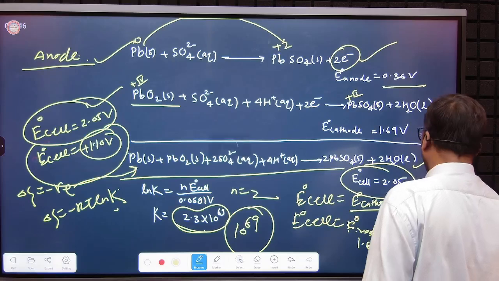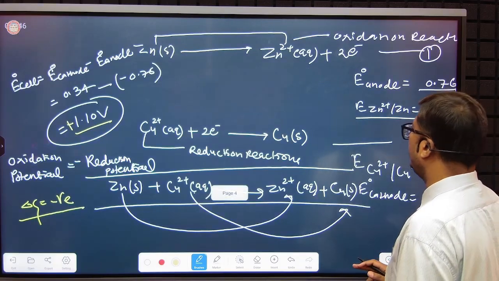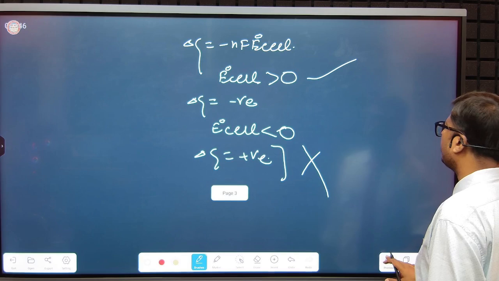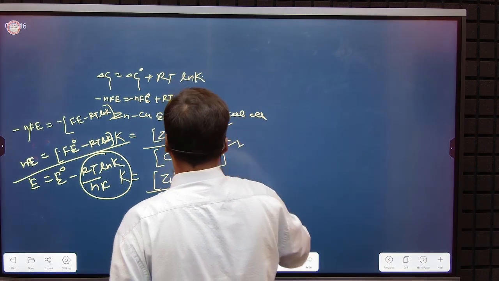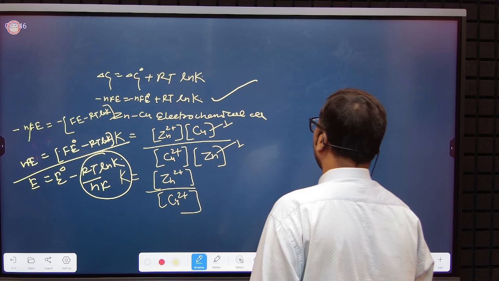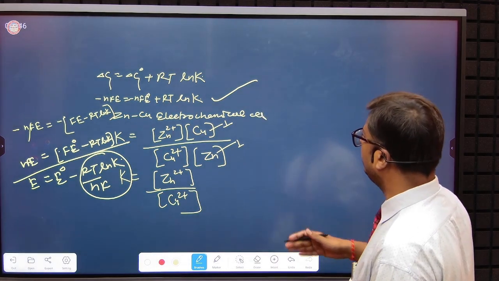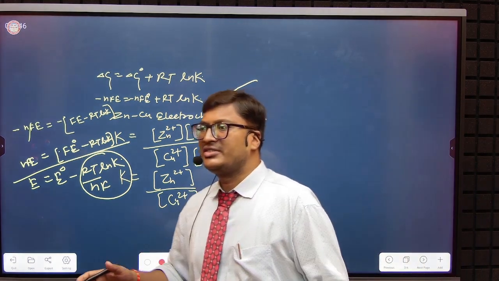So such a combination depends on the nature of the pair in the electrochemical setup. These are the relations, as in the next page we have adopted. So this is the electrochemical cell.